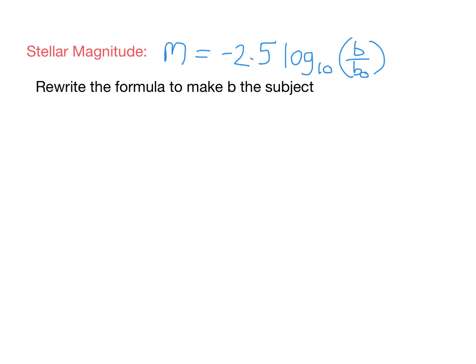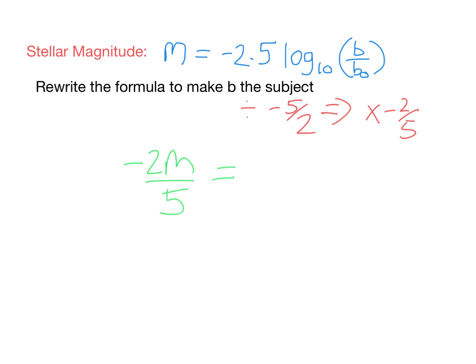So the first thing we're going to do is divide by negative 2.5. So when you divide by negative 2.5, which is negative 5 over 2, that is the same as timesing by negative 2 on 5. So we get negative 2M on 5 is equal to log base 10 of B over B0.